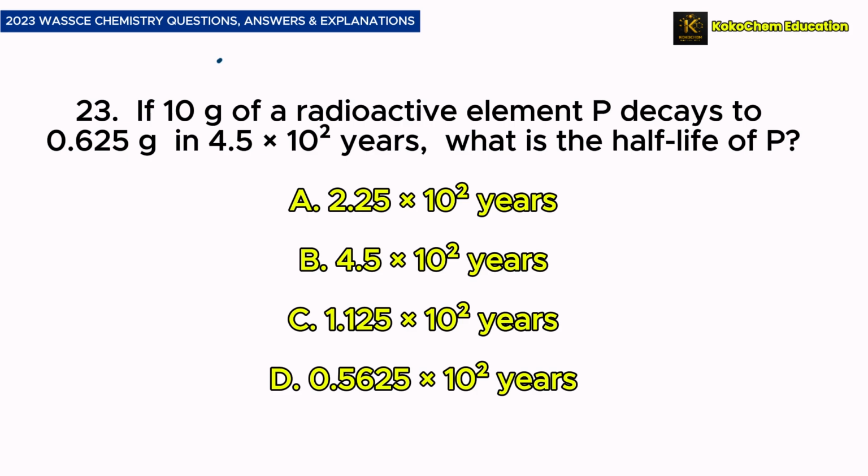B. 4.5 times 10 to the power 2 years. C. 1.125 times 10 to the power 2 years. D. 0.5625 times 10 to the power 2 years. The correct answer is C. 1.125 times 10 to the power 2 years.